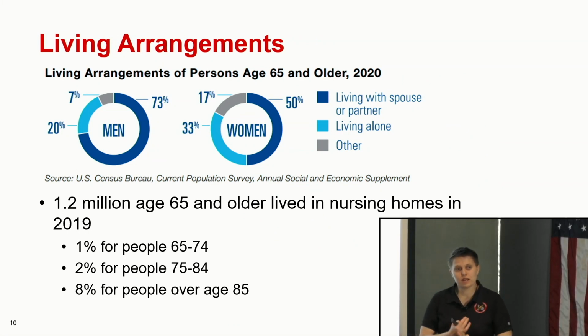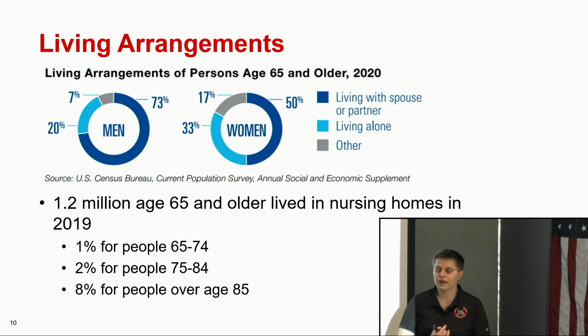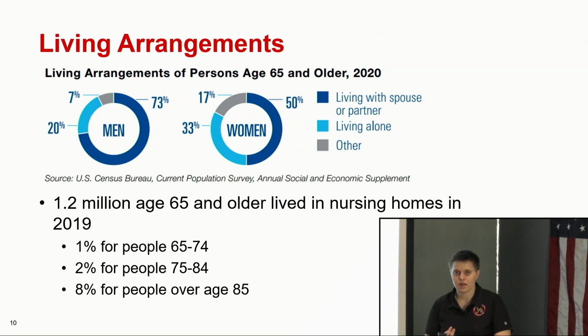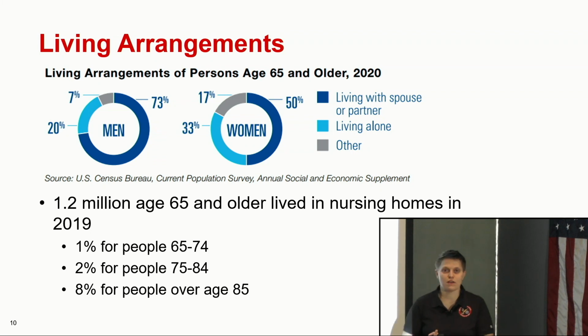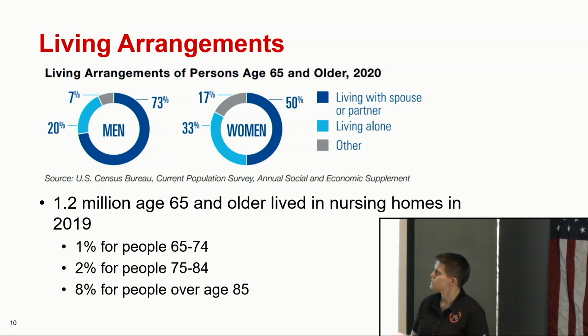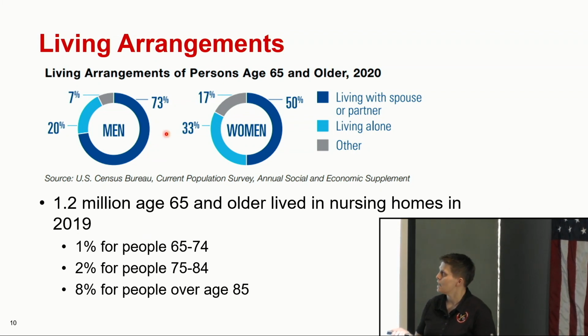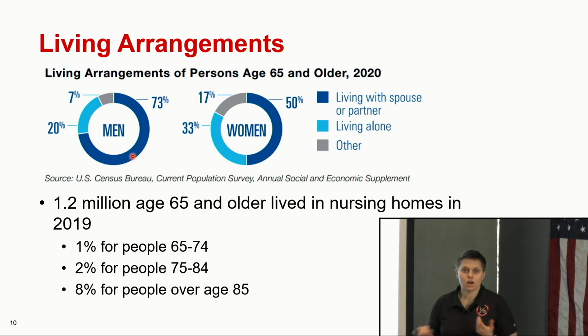So not only are patients maybe struggling in terms of finances or income, not only are they also caring for more chronic illnesses, but there are implications about the living arrangements for elderly individuals in the United States. These two graphs show us where and how these individuals are living. Most people still are living at home or living with a partner or spouse.